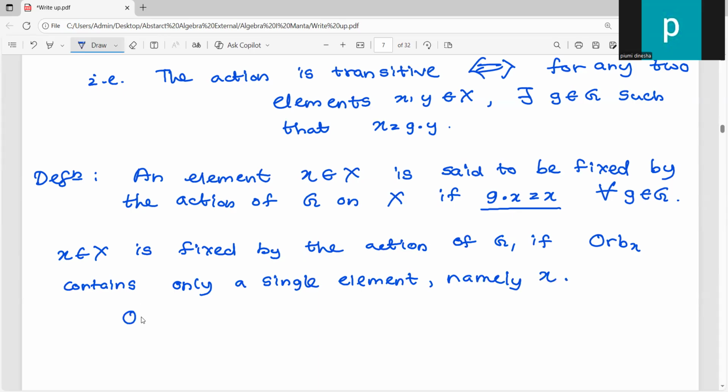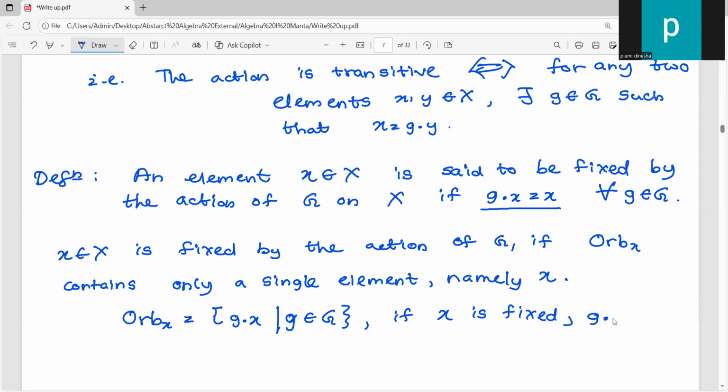The orbit of X is defined to be all elements G dot X in the set X, where G comes from G. Now say X is fixed by the action.